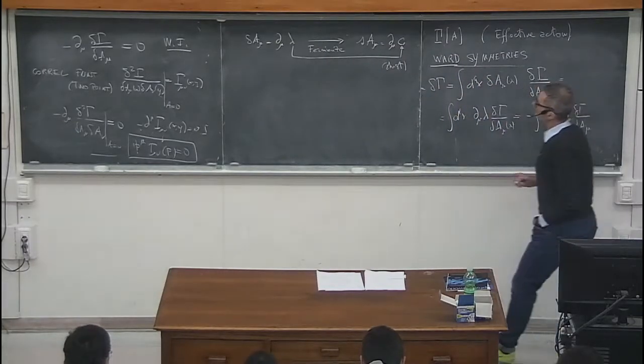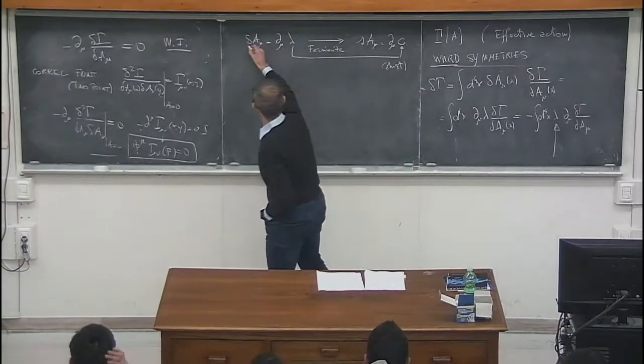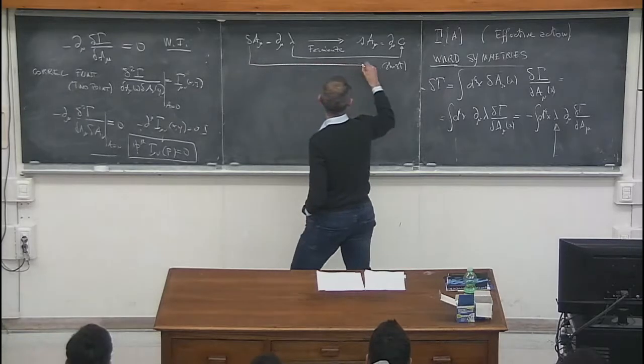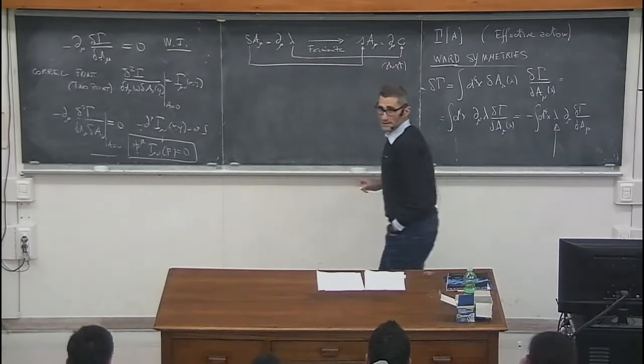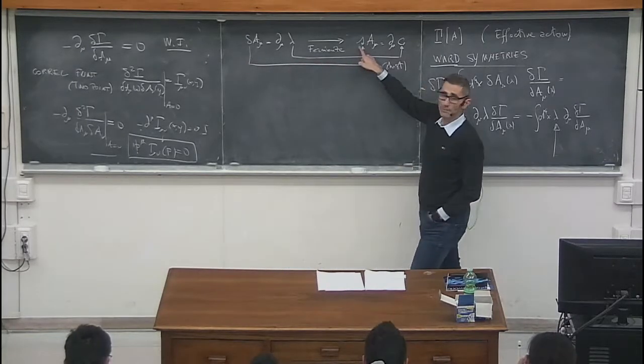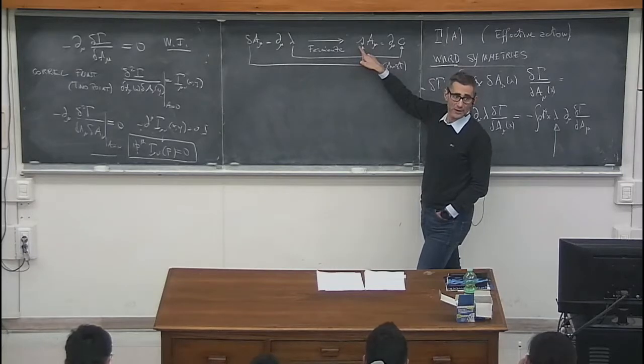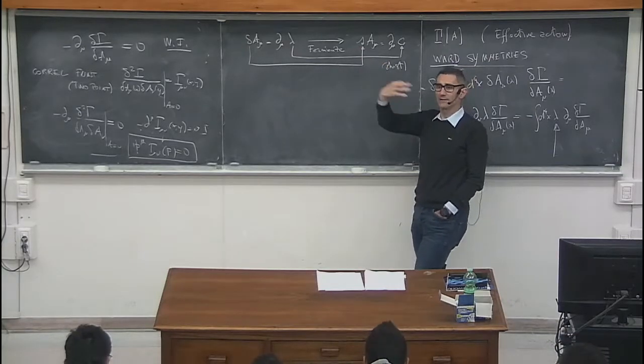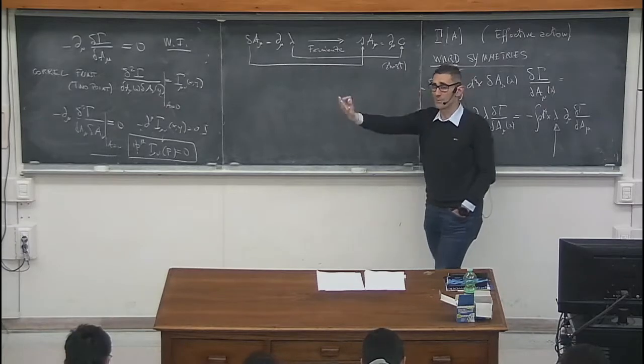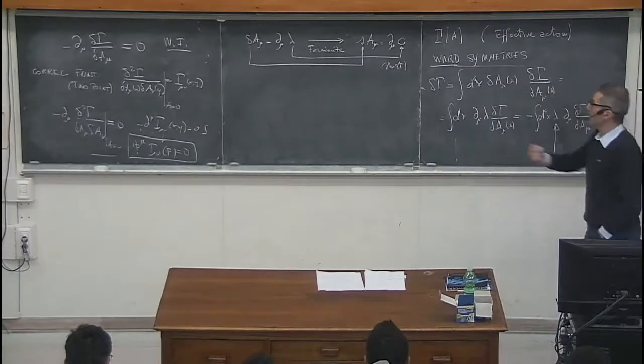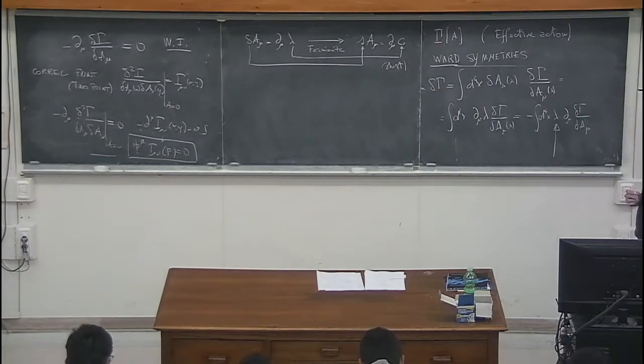Then the second thing: I replace this variation with this symbol S. This symbol S is known in mathematics as an anti-derivation. It is just a derivation, but it anti-commutes with fermionic fields, so every time it goes over a fermionic field, it gives you a minus sign.